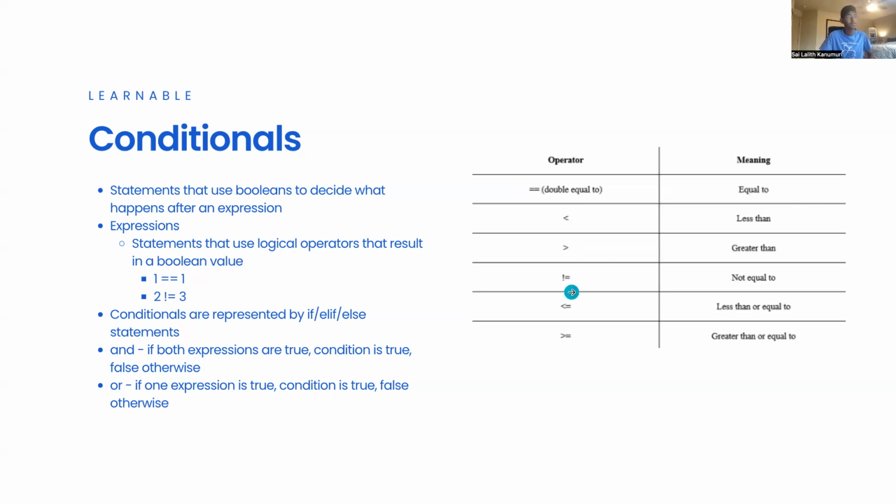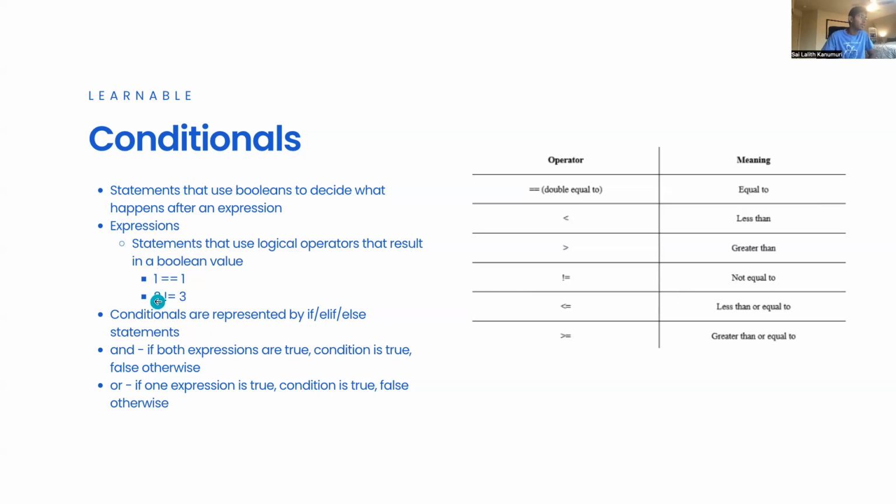And then the exact opposite for greater than. And over here is not equal to. This one you may not have seen. This is the exact opposite of double equal to: it's saying if this value is not equal to this value. And here are the less than or equal to sign and the greater than or equal to sign. So hopefully now you kind of understand what this means.